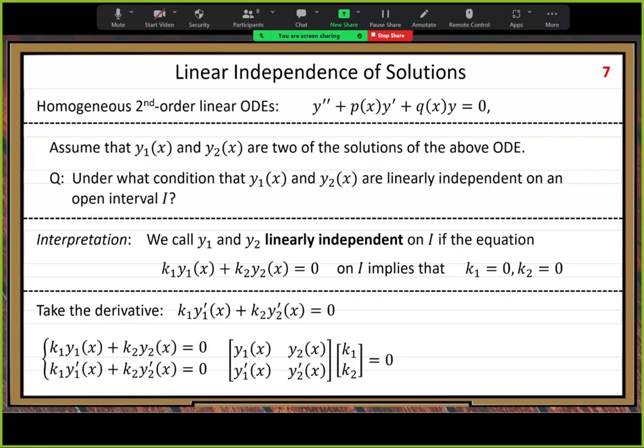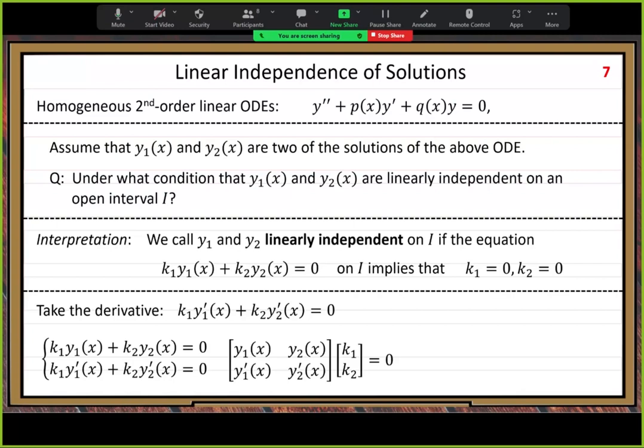Here, we have a homogeneous linear system. So the conclusion is K1, K2 must be 0.